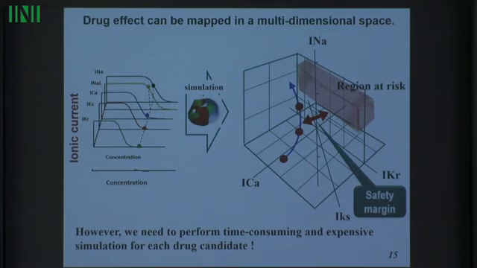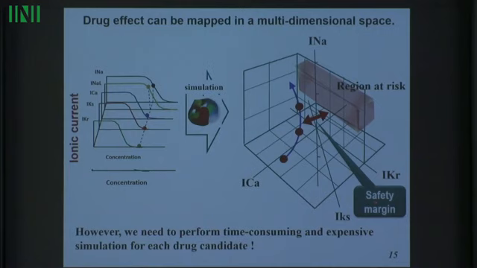And hopefully we can identify the region at risk somewhere in the space, and maybe the distance between the risk region and this trajectory can be considered as a safety margin of the drug.